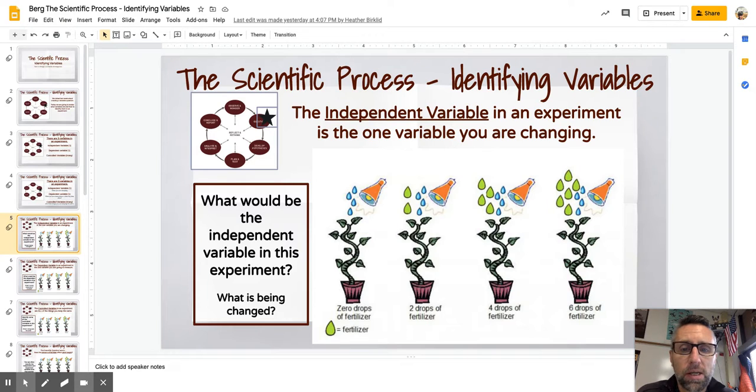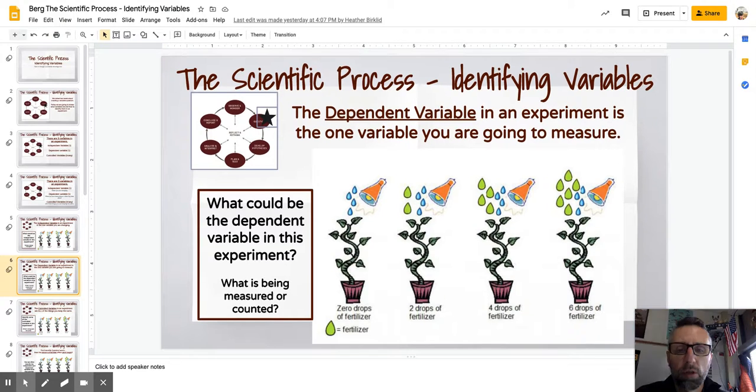If you were running this test, you maybe would choose 0 drops, 20 drops, 40 drops, and 60 drops. Maybe you want to see a bigger difference. Maybe your research leads you to go, the amount of fertilizer isn't what I want to change. It's the type of fertilizer. Again, independent, you get to pick it. You're free to choose whatever you want to test.